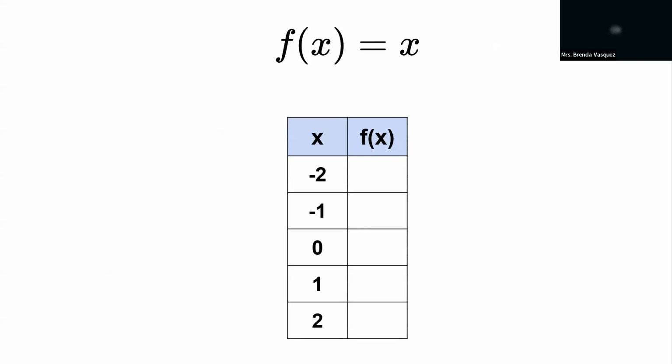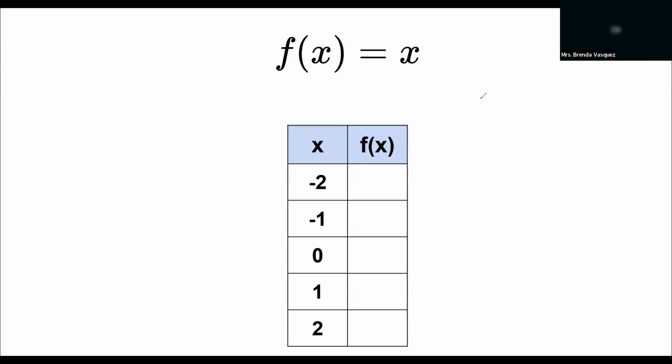So the first function that we're going to look at is our basic function. What type of function is this one? F of x equals what? What is it called? It's not a radical. Linear. Since it's linear, what does it look like? A line. So let's write the domain down in our notes.